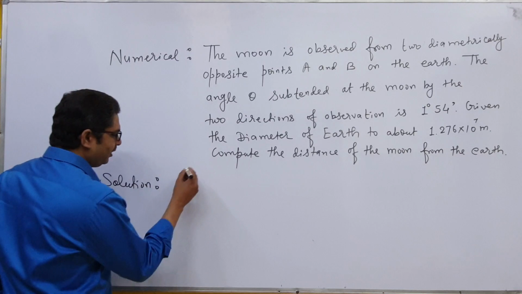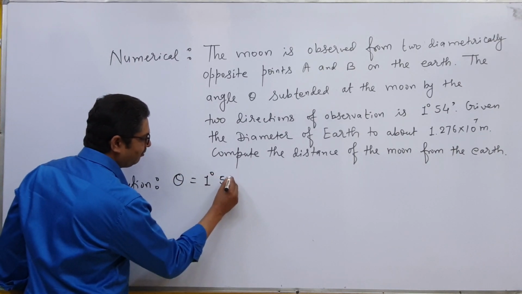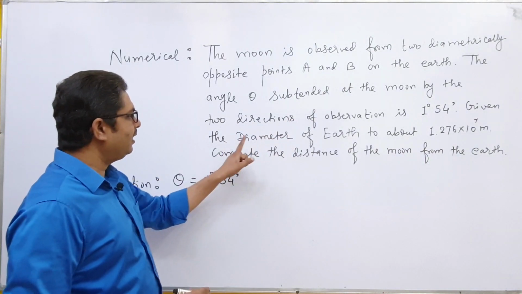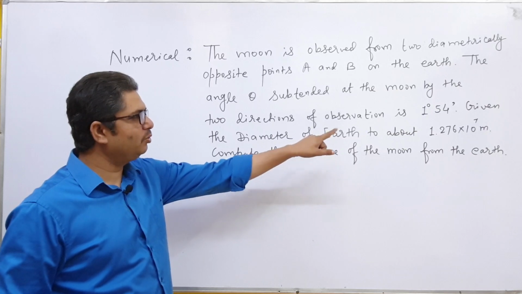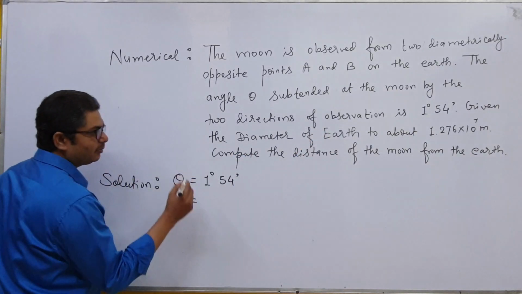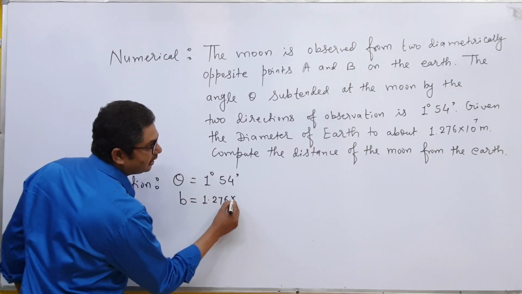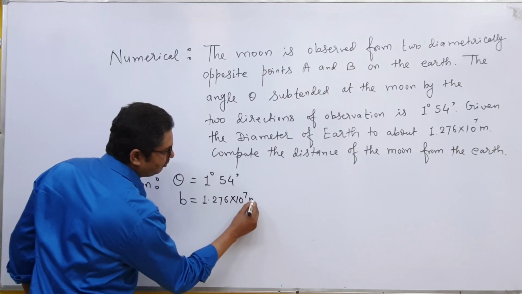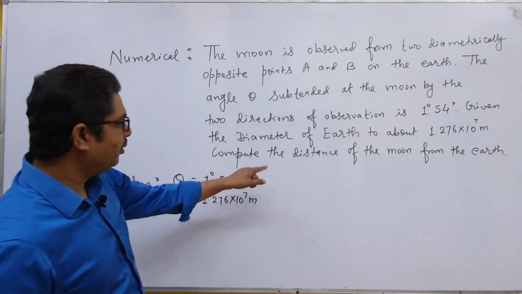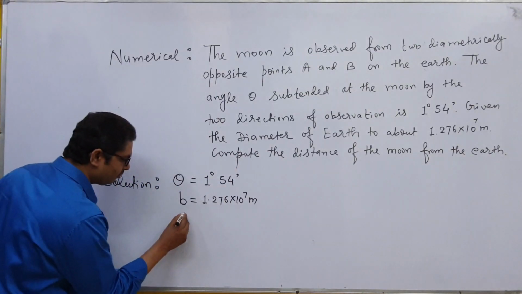This means that theta is equal to 1 degree 54 minute. Given the diameter of the earth, which is here the basis, to be about 1.276 into 10 to the power 7 meter. Compute the distance of the moon from the earth. This means that you have to find D.